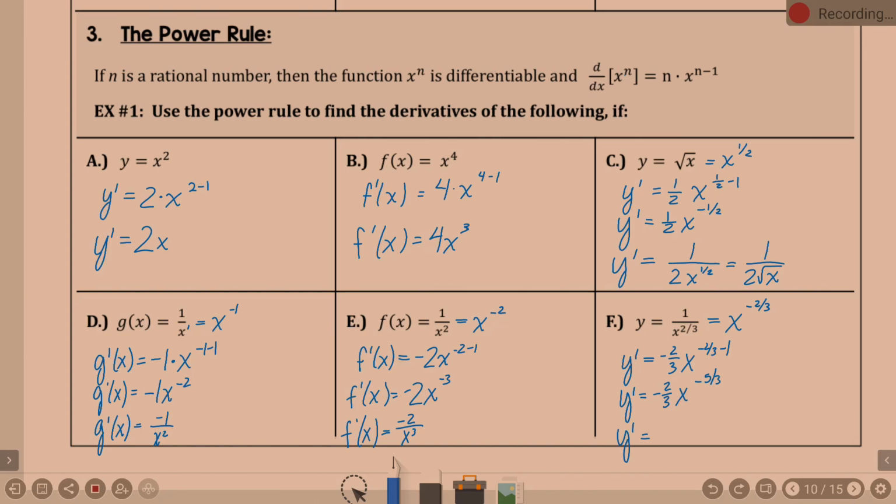How do we minus 1 from thirds? Yeah, it's negative 2/3 minus 3/3, right? So negative 2 minus 3 is negative 5/3. Now, final answer. Negative 2 over 3x to the 5/3.